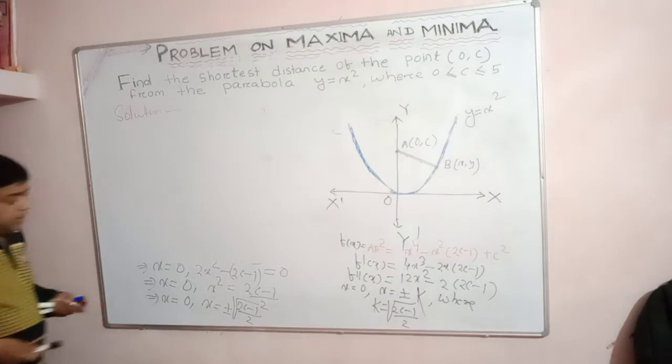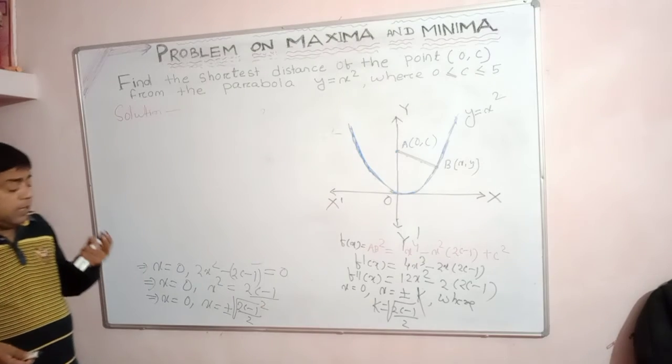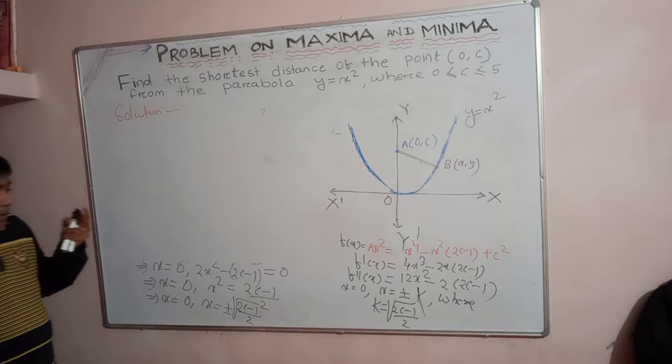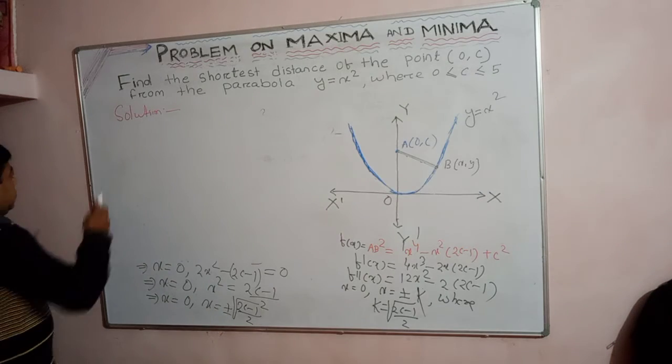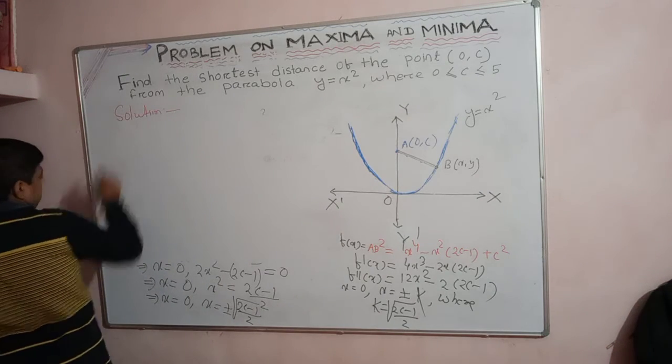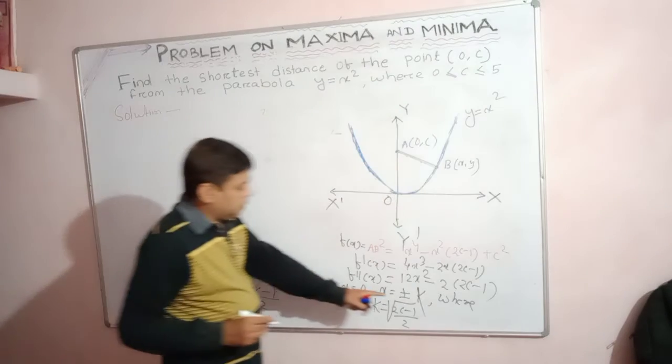If the second derivative value is less than 0, the function attains maxima; if greater than 0, the function attains minima. The critical points are 0 and plus minus k.